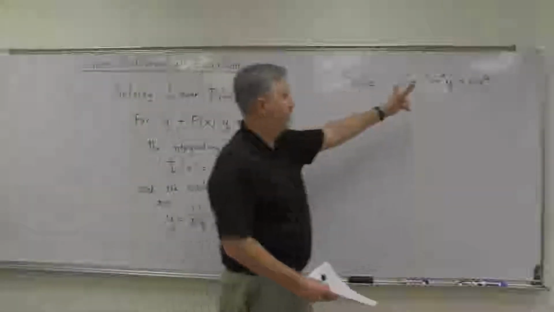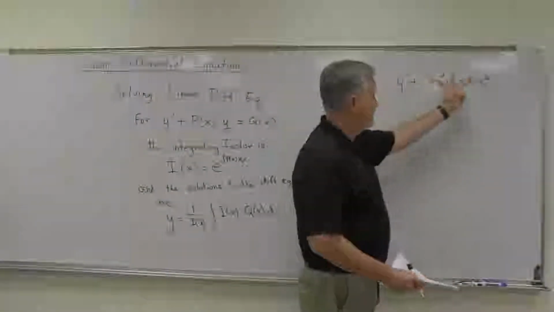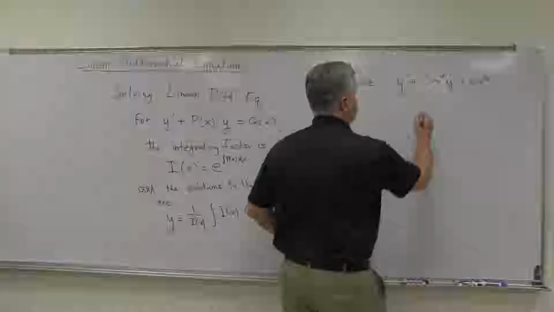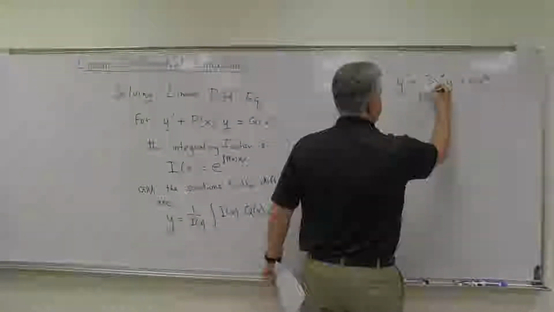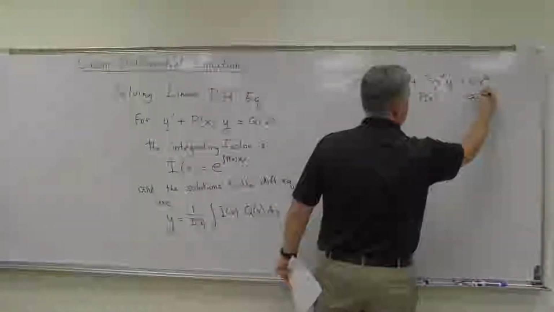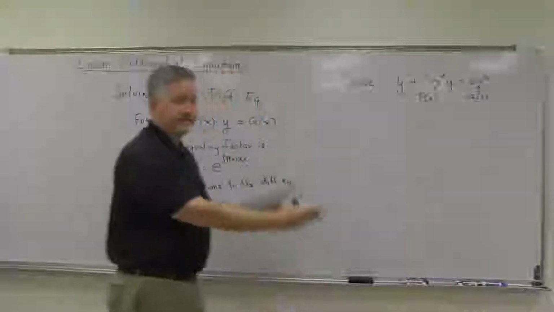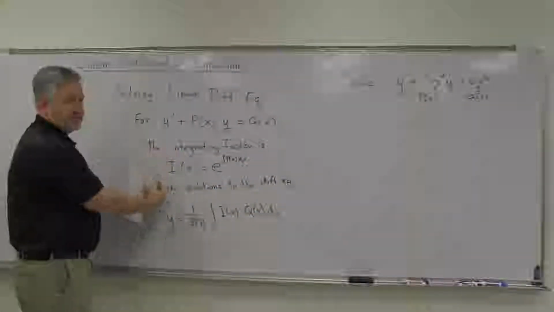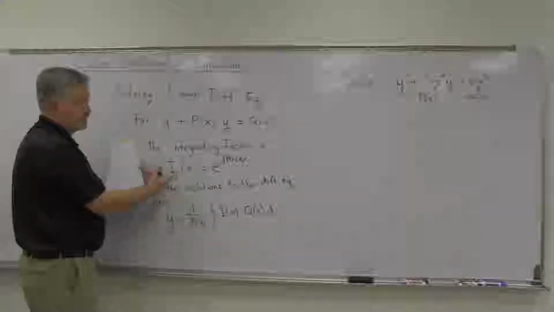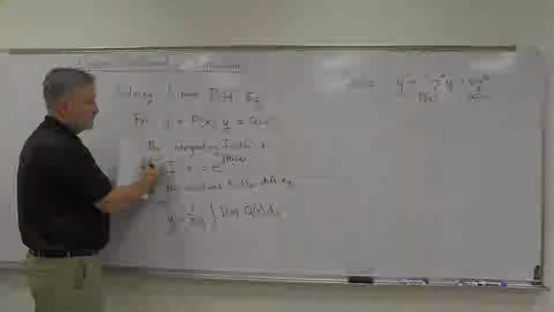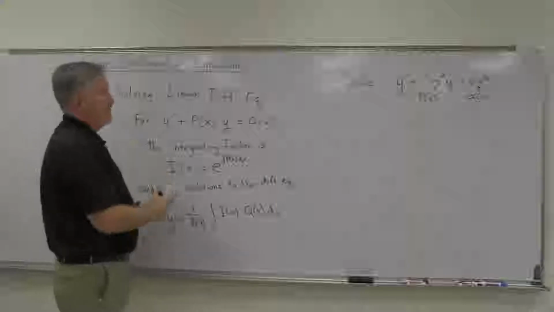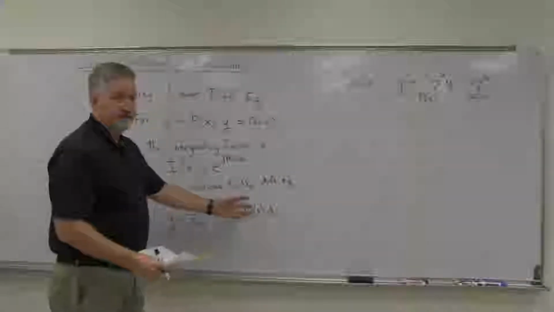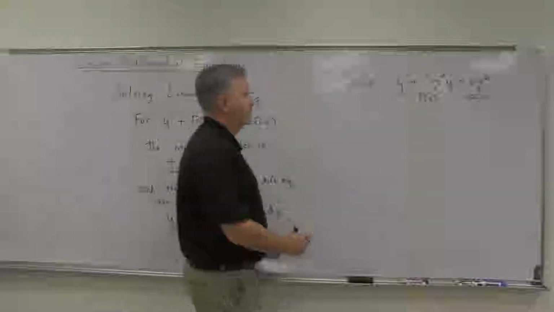Because I've got y prime, I've got y, then I've got a p of x, and then I've got a q of x over here. Yeah, this is a linear differential equation. Well, how do you solve linear differential equations? It's basically a two-step process. Go through here, find your I of x, and then plug it into the solution formula here.